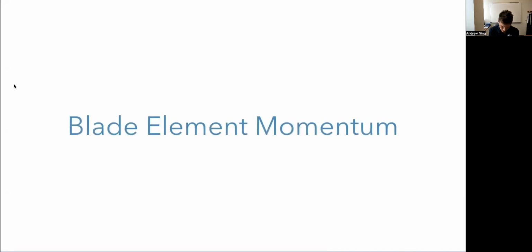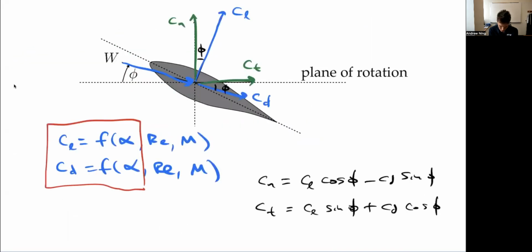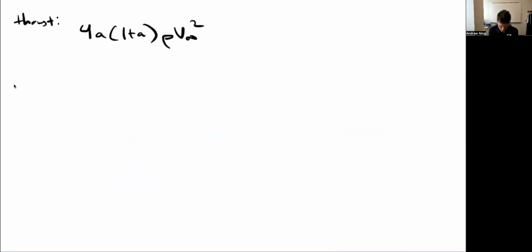So before, our first equation that we got from momentum theory for thrust was 4A times (1 plus A) times rho V infinity squared times, let's go back here. I think I wrote it a different way. Yeah, pi times R times F, that's the area. We use the area of this little annulus, this little thin disk, pi times R times F, okay?